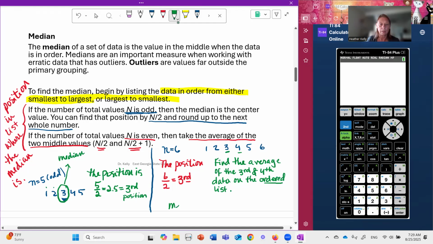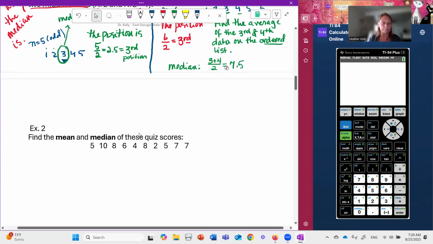So here the median is going to be 3 plus 4 over 2, which is going to be 3.5. Yes, it is absolutely fine to have a decimal when you're looking at a median of whole numbers, because you're finding the value in between, that average. Okay, let's keep going.